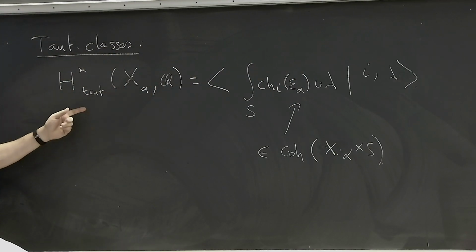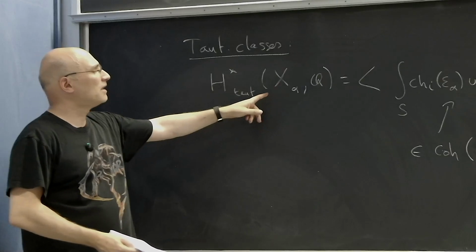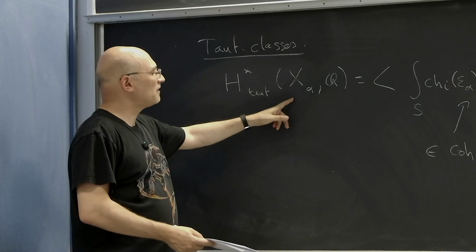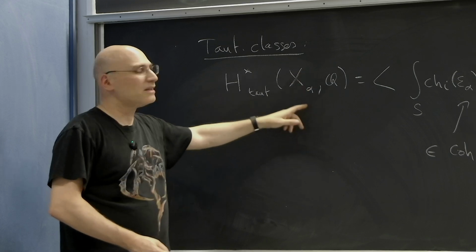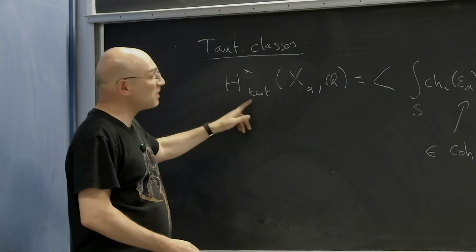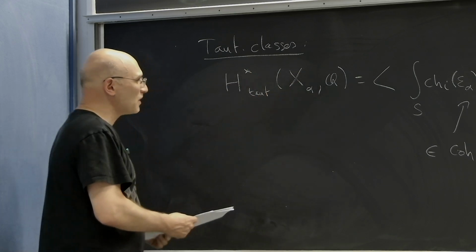In certain cases, if I replace X alpha by a nice moduli space of semi-stable sheaves with some good properties, this might be surjective.